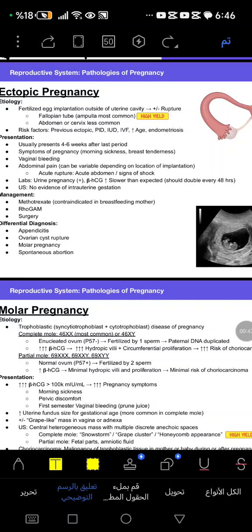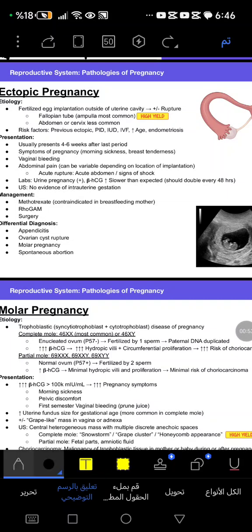Just remember that note every time. The most important hormone detection for pregnancy is beta HCG, or beta human chorionic gonadotropin.